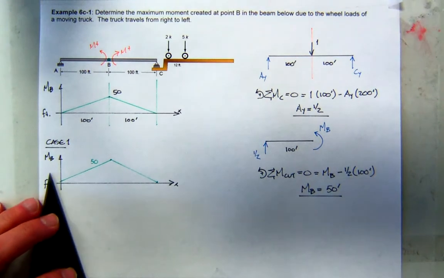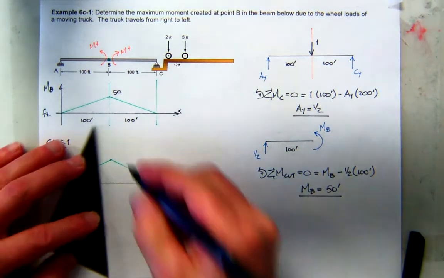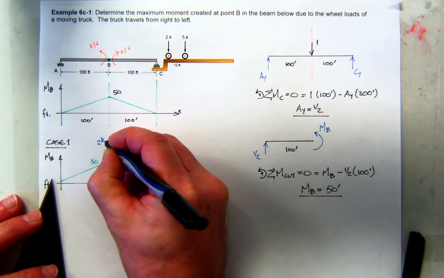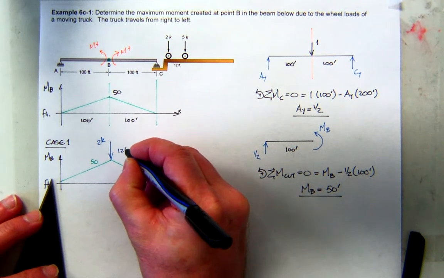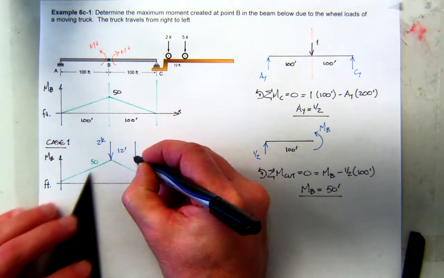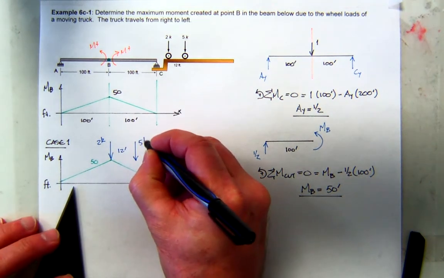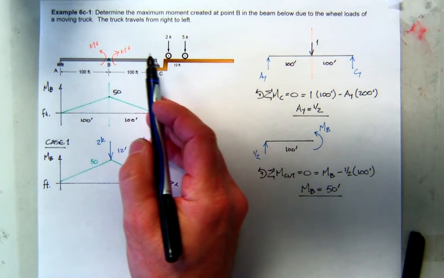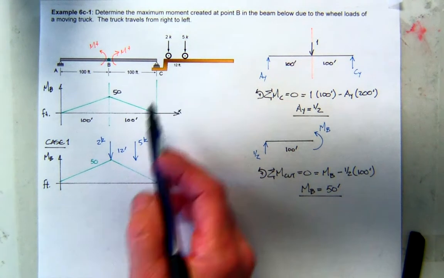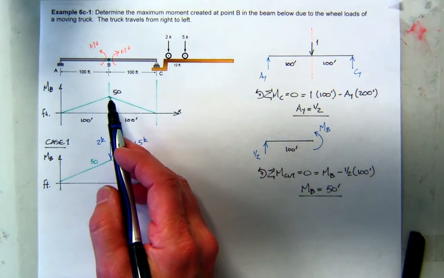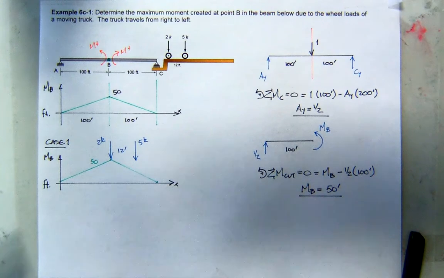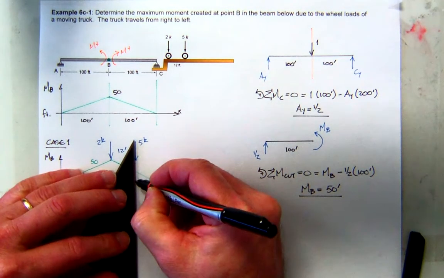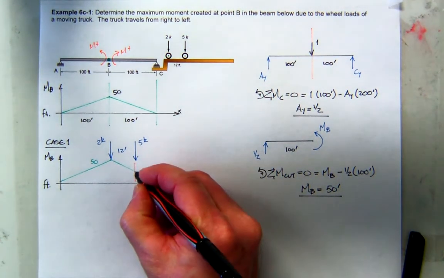I'm going to let my first load come over, which in this case is 2 kips. I'll let the 2 kip hit right here at the top, and then 12 feet back is the 5 kip load. I've let my truck drive on until the 2 kip is at the maximum ordinate, right in the middle. You can see I'm going to need the ordinate value right under the 5 kip. So how am I going to find that value right there?